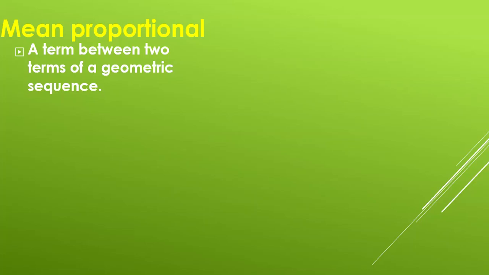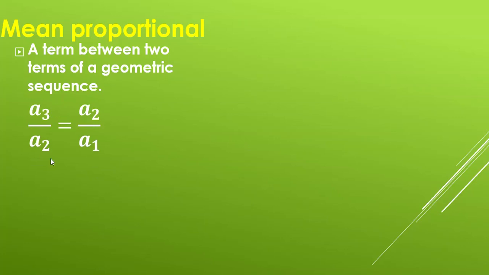But if you are to insert just one geometric mean or the mean proportional, you can simply do this shortcut so that you will easily get that geometric mean. Go directly to the geometric mean without solving for the r. Remember, we only solve for the r when we are to insert more than one geometric mean. But if you are to insert just one geometric mean, you can use this shortcut.